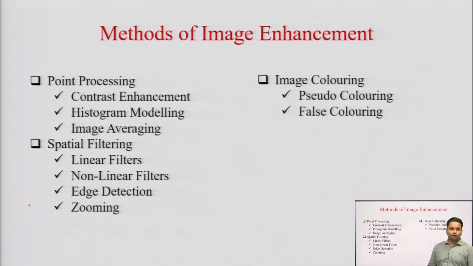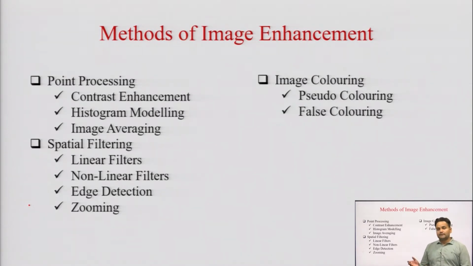We have linear filters, and another type is non-linear filters, which do not have the linear property. Edge detection can also be done using derivative methods, the first derivative and second derivative methods, which come under spatial filtering. Last in this type of filtering is zooming, which is also one kind of spatial filtering.